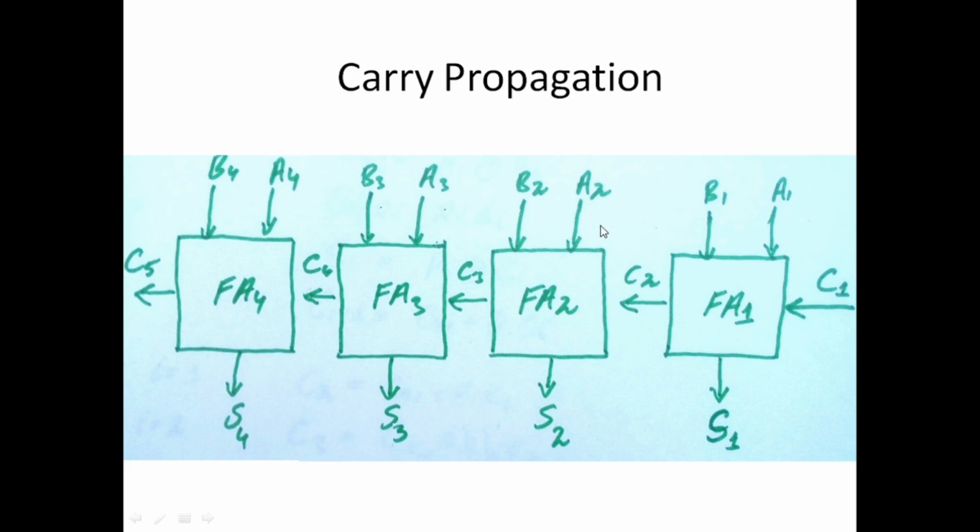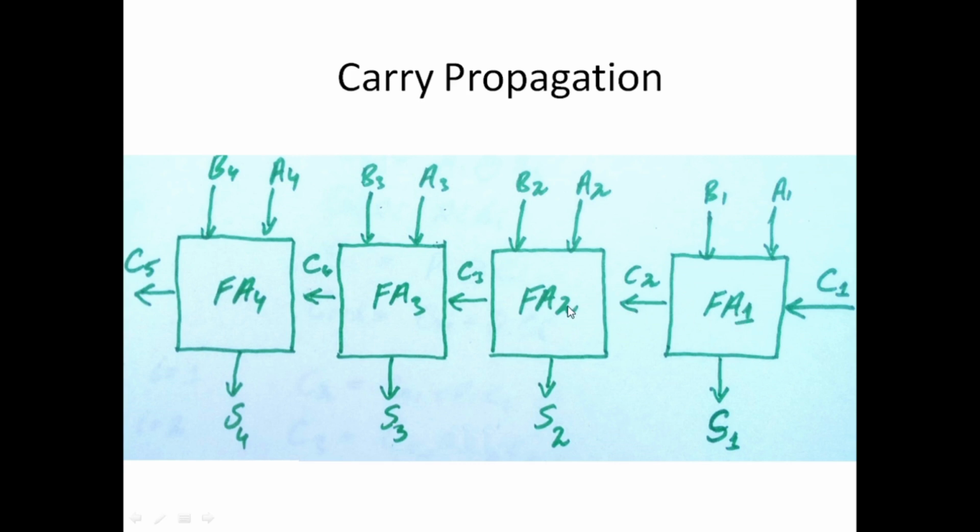Even though this full adder gets the 2 bits A2 and B2 at the same time as full adder 1 gets its 2 bits, it cannot function on these 2 bits because the sum would be correct only when this full adder considers the output carry from the full adder on the right side.